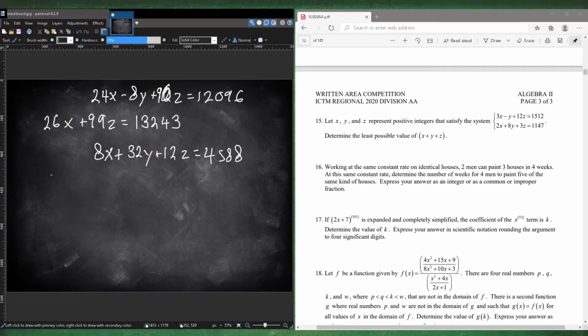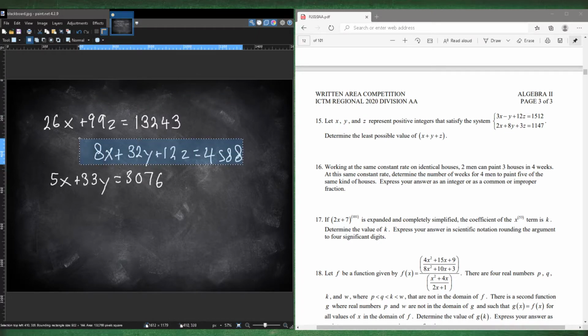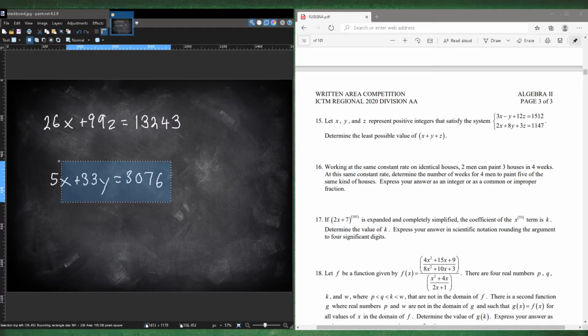So 8x minus 3x is 5x, and 32y minus negative y is plus 33y, and 12z minus 12z is 0. Then 4588 minus 1512 is equal to 3076. So now we have our two equations. Let's delete the old ones because we don't need them anymore, and now we have these two.